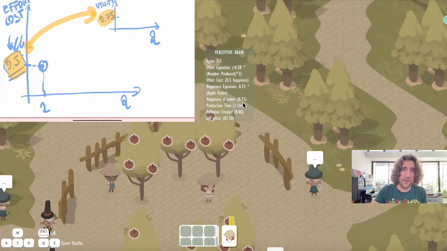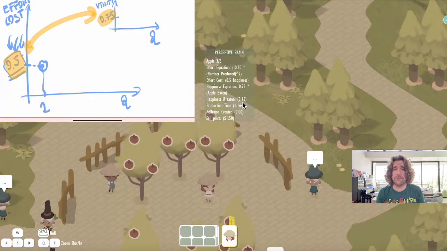This is an example where there is no alternative activity. The only thing you can do is collecting apples. So the opportunity cost of collecting apples is just the disutility from effort, the happiness penalty because this character doesn't like work. But in other models, it may be that there are other costs.